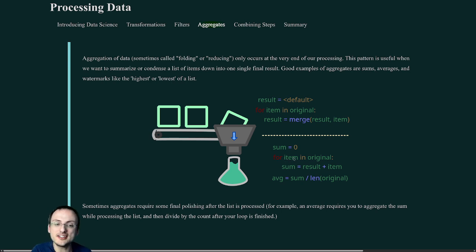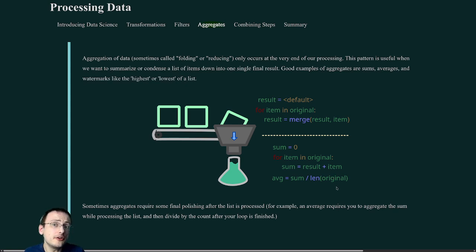So for each item in my inputs, my sum equals sum plus item, to add each one of these things into a total score. Once I've got my total score, to take the average, I divide by the number there are, and that gives me a pure unweighted average. So each thing gets an equal amount.